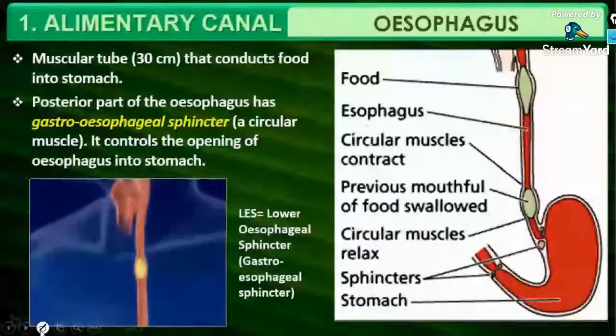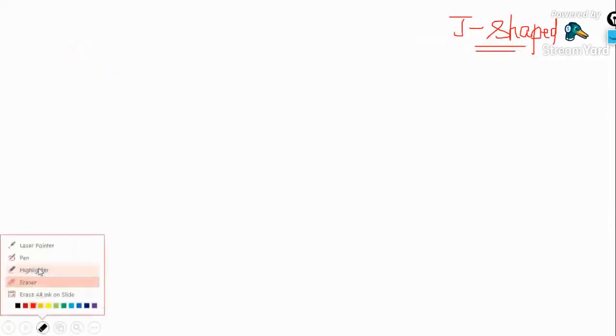Yes, the stomach is a J-shaped muscular organ. As the food is passed from the esophagus to the stomach, suppose this is the esophagus, the stomach is a J-shaped structure.